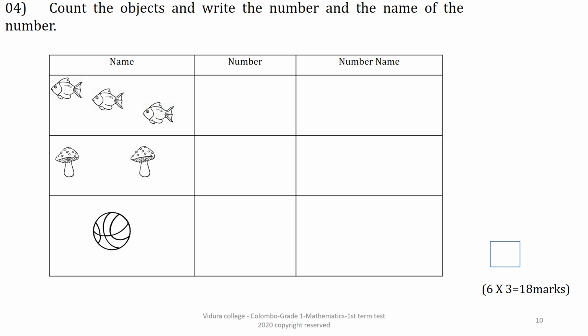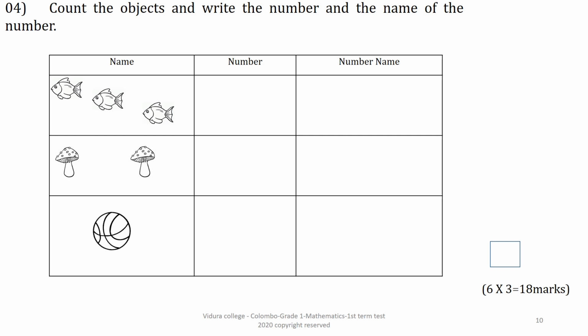Okay, in the first box, there are some fish. Count how many fish are there and write the number in the middle box and number name in the last box. Shall we start writing?